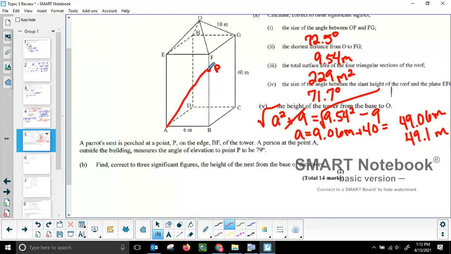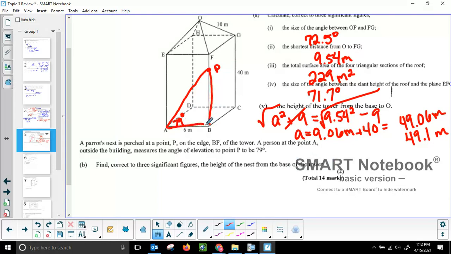So we have up here, and we know that this is 79 degrees. All right. Find, correct to 3 significant figures, the height of the nest from the base of the tower. So basically we're looking for BP.